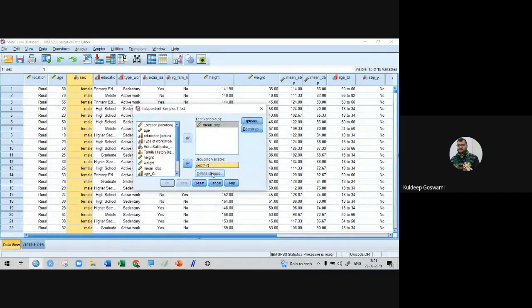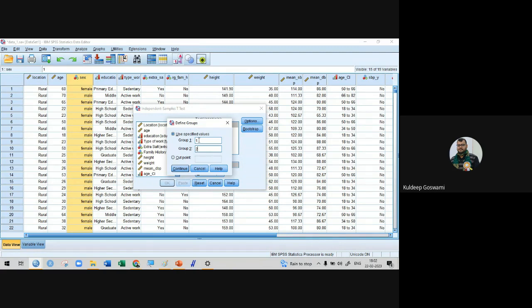After this session, I will share this entire SPSS file and also the Excel file with you so that you can do these things at home. Then define groups. Here group 1 is 1, group 2 is 2. Why do I use 1 and 2?